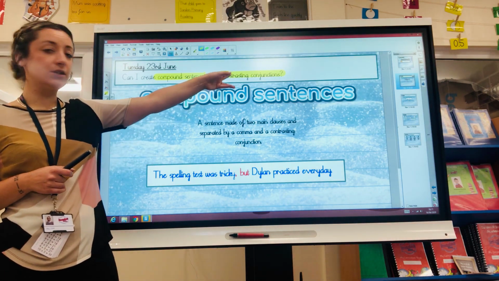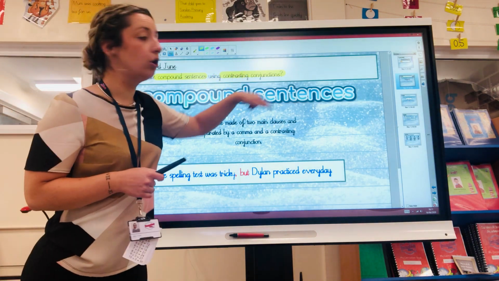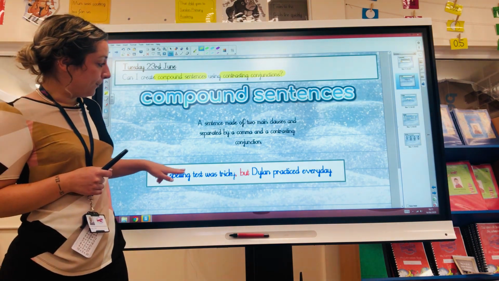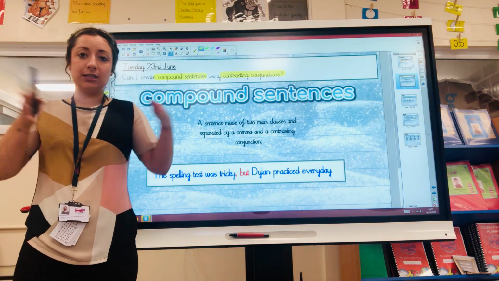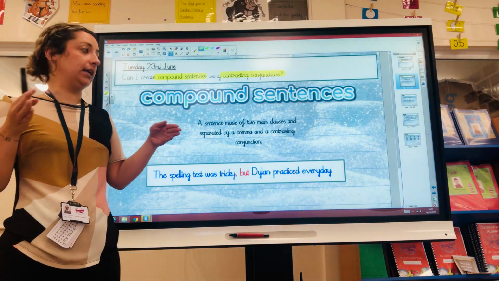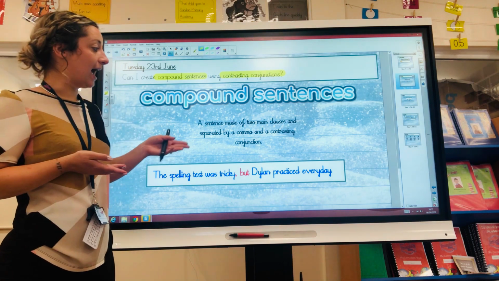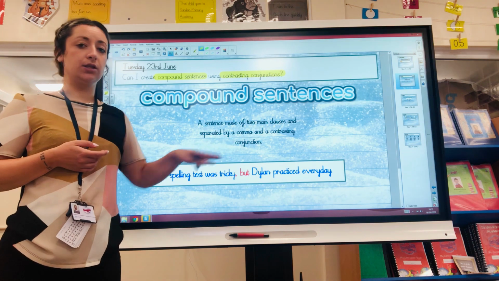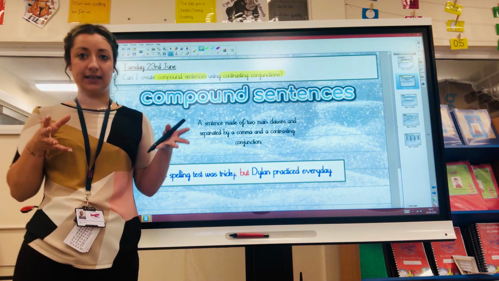Now, moving on to the second half of our learning question, we want to use contrasting conjunctions. Now, a compound sentence is separated, so is split up, by using first your punctuation, a comma, and then a contrasting conjunction. So a conjunction that is telling us what happened next.